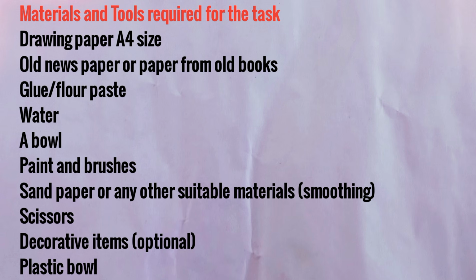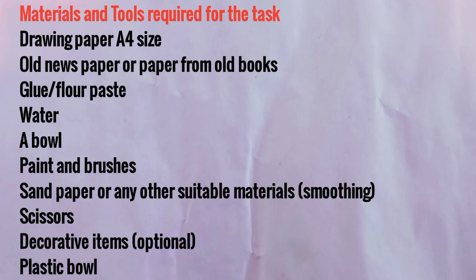Remember, the drawing paper A4 size is for coming up with a sketch of what they are going to cast. Then we have old newspapers or paper from old books. That one is going to be used in making the paper mache. Then we have glue or flour paste. We have water, salt, paint and brushes. We have a plastic ball, sandpaper or any other suitable item.